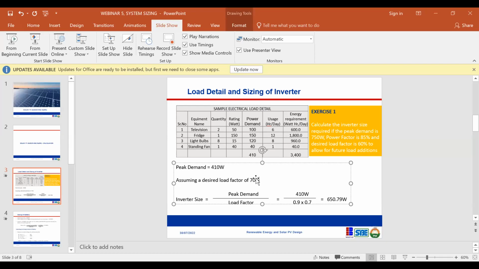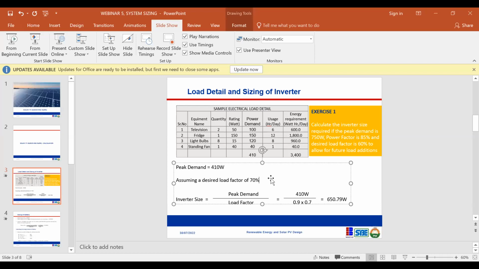I think I explained this in our first session. So we assume a load factor of 70%, meaning that if the inverter can do 100% work, we want to load it up to only 70%. We don't want to load it beyond 70%, so that if there is a surge, it can accommodate that surge. And if there's an additional load, for example if we bought additional equipment into the house, we can also integrate it into the inverter system.